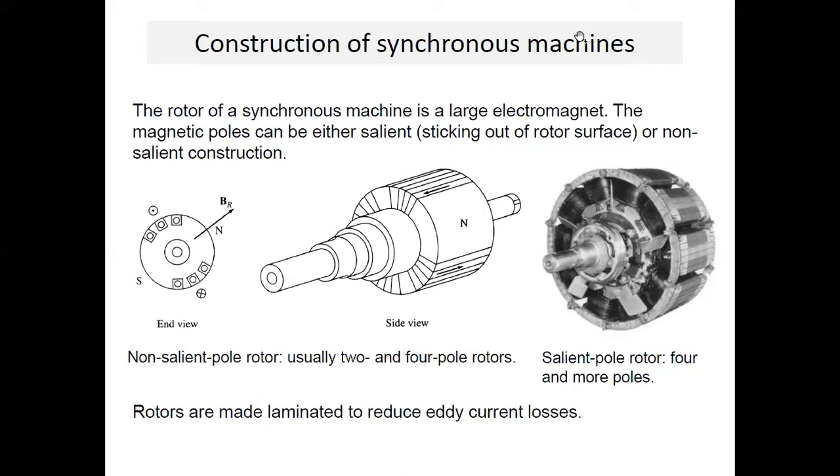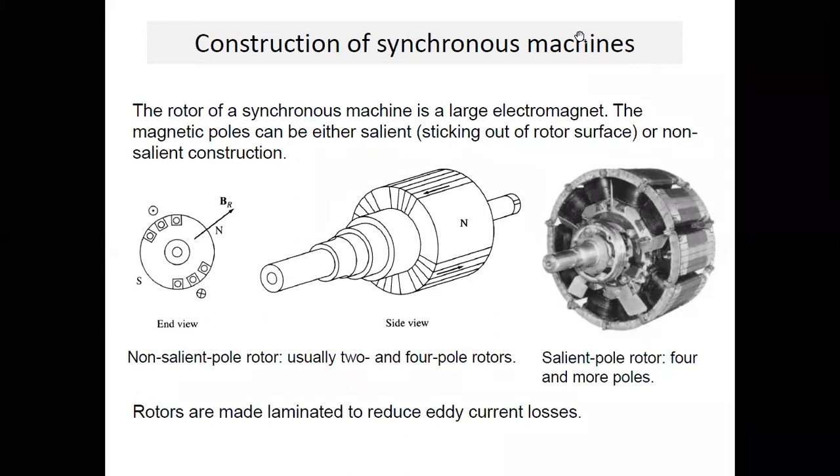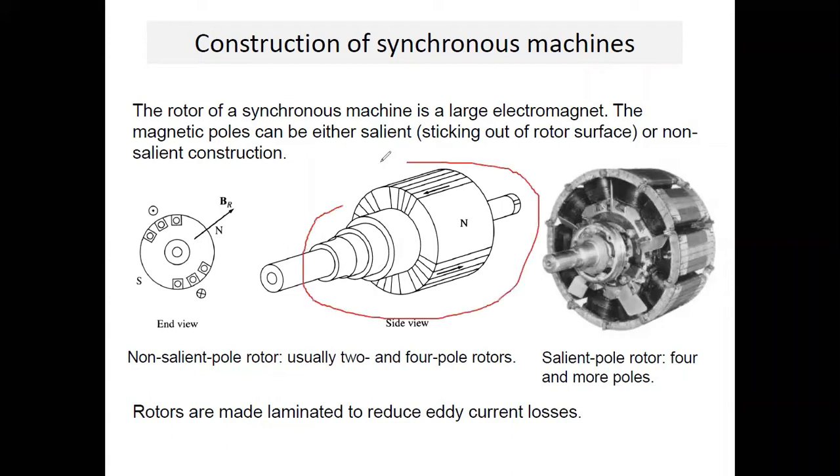In the non-salient pole type, there are usually 2 to 4 poles on the rotor. Here in this picture, you can see a non-salient pole rotor of the synchronous generator, and this is a salient pole rotor. In the salient pole, there are usually 4 or more poles.